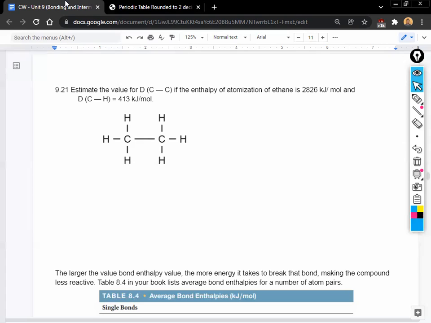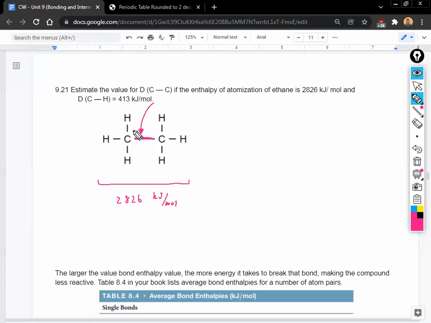Okay, so in this problem, it's important to identify what we're looking for, and we are looking for the value for the bond enthalpy for this bond right here between the carbon and the carbon. So this line. We know that the entire molecule's bond enthalpy is 2826 kilojoules per mole.